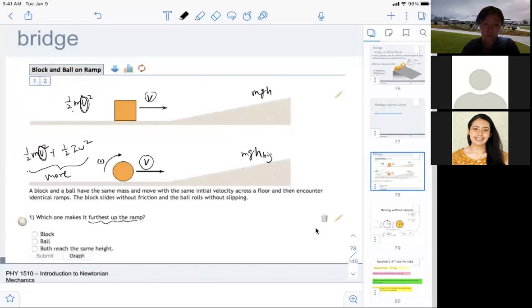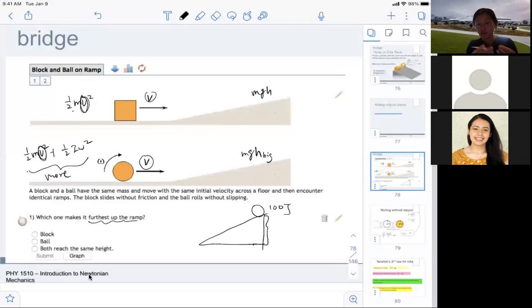Yeah. I'm a little bit confused on why the ball would have more energy here. For the problem that we did with the block and the ball, we had said that the energy was conserved because they were at the same point and had the same fixed mass. So I'm confused on why here it has more kinetic energy. In that one they are rolling down from the ramp. They all start out with the same height. So let's say they are all given 100 joules, and then they use it in their own way.